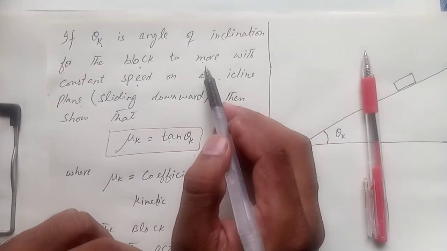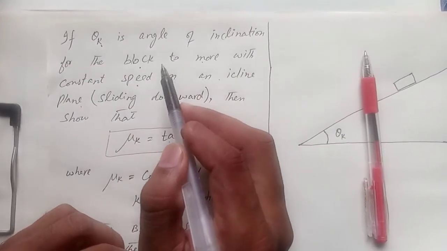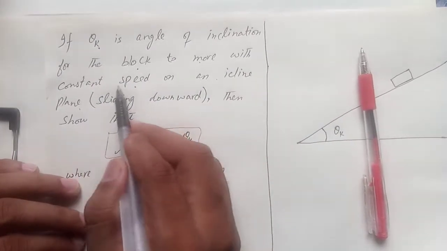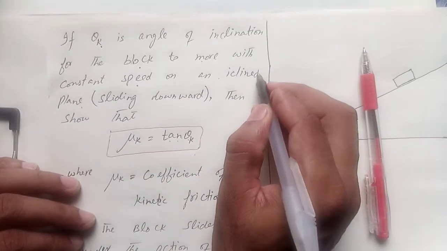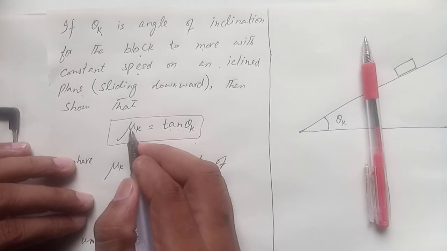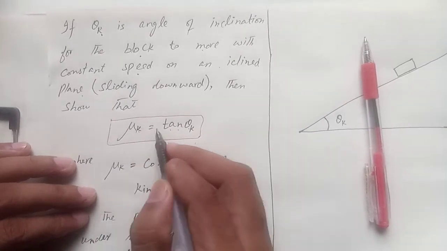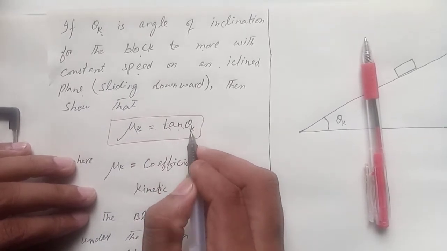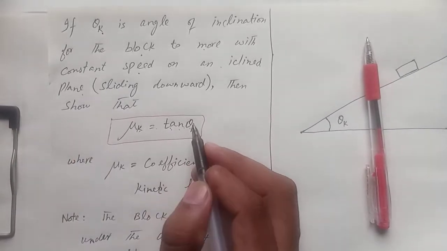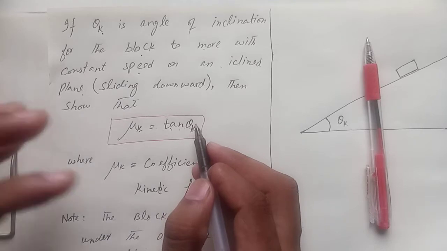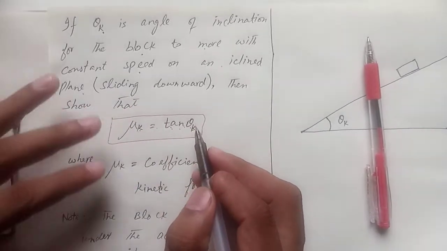According to this statement, if the block is sliding downwards with constant speed on an inclined plane, then we have to show that the coefficient of kinetic friction is equal to tan theta k, where theta k is the angle of inclination required for the block to slide downwards.